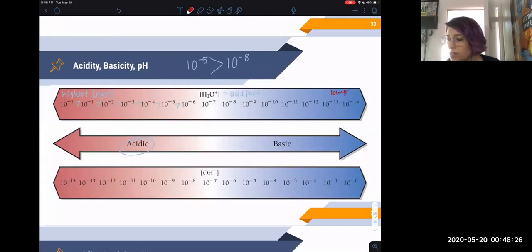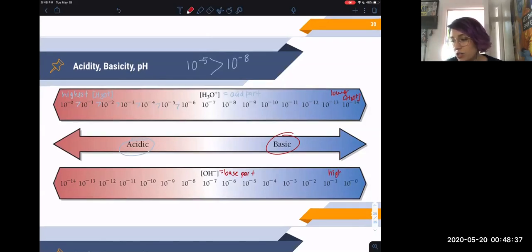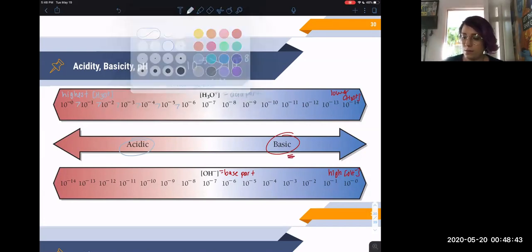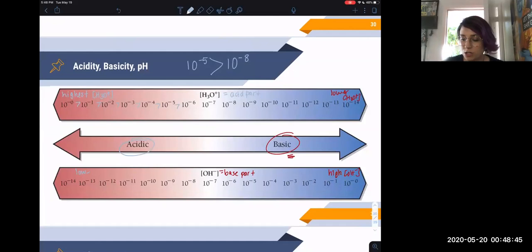My lower concentration of acid part is more basic. Remember, this is my base part. My high concentration of base part is basic. My low concentration of base part is acidic.